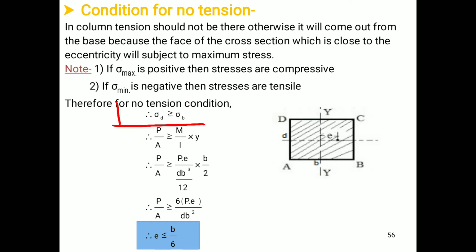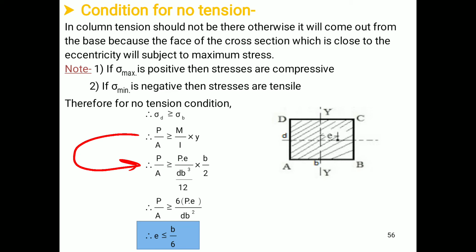Sigma d is the direct stress, and all of you know that it is given by force upon area. So P by A is greater than or equal to sigma b, the bending stress. Again by the flexural formula it is given by M upon I into y. On solving this equation we have P by A greater than or equal to P e upon (d b cube by 12) into b by 2.